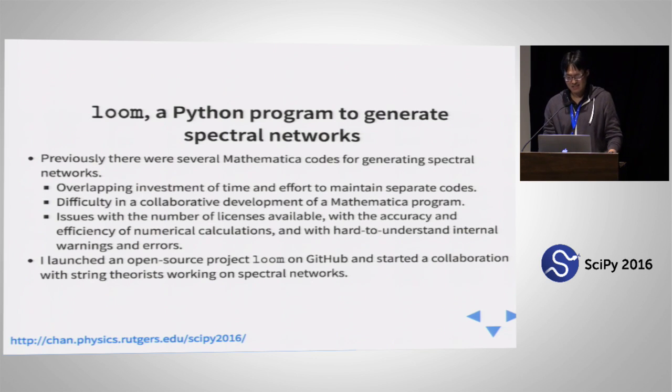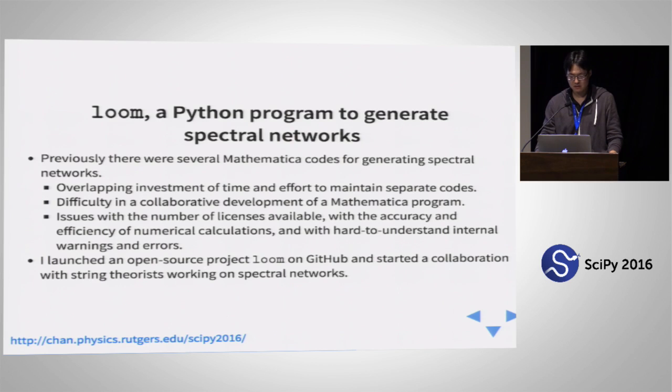But Mathematica is not a great tool for developing a program in a collaborative way. By "we" I mean some string theorists working on these spectral networks. Each of us maintained separate mathematical codes, and of course this is an overlapping mismatch of time and effort.